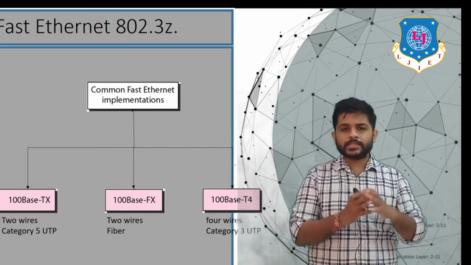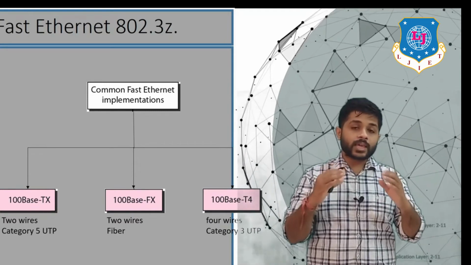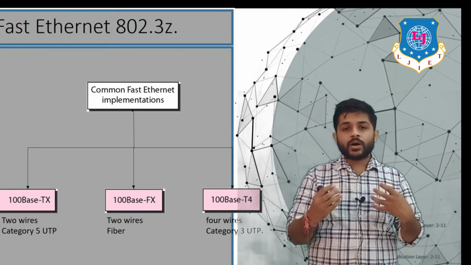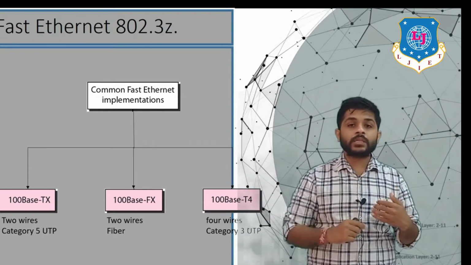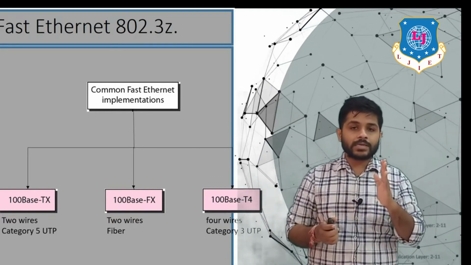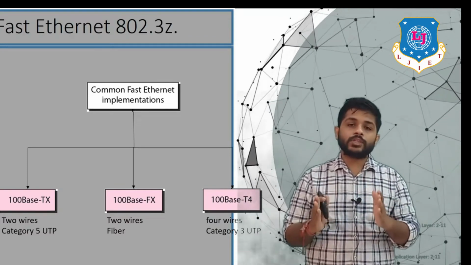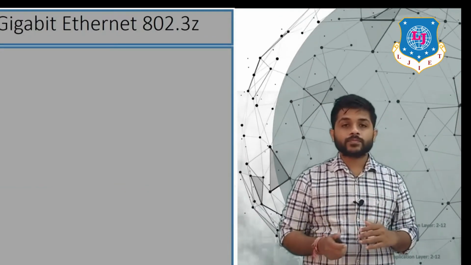Category defines how well the cable can withstand noise, and how it can send data without attenuation of the signal. Then there is 2-wire fiber in 100BASE-FX, and there is a 4-wire unshielded twisted pair cable, which is 100BASE-T4.